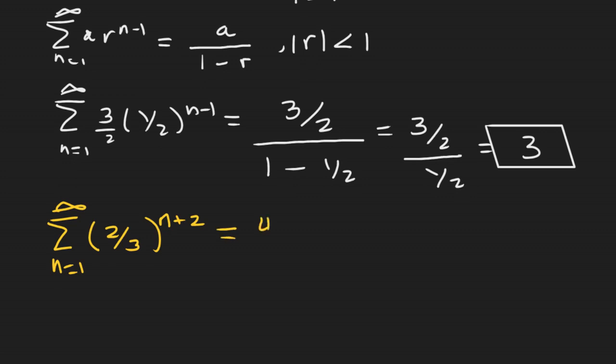That would be basically 4/9 plus the next term. We can rewrite that. So this will be 2/3 raised to the second power, and this will be 2/3 raised to the third power.